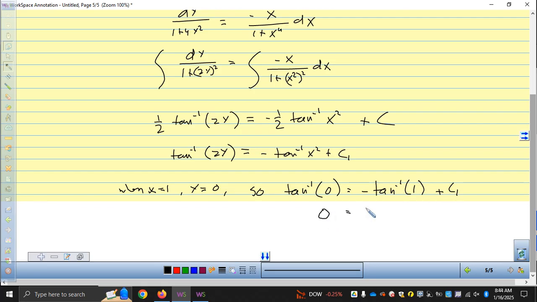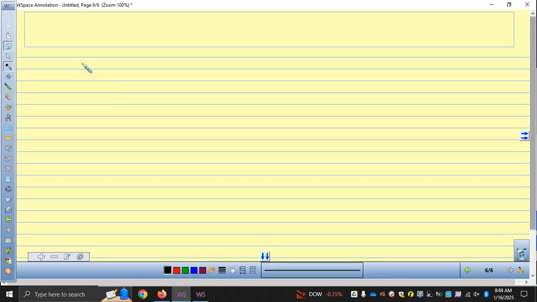Inverse tangent of 1 is pi over 4. So c1 equals pi over 4. So let's substitute that in, and we'll have a little more work to do.